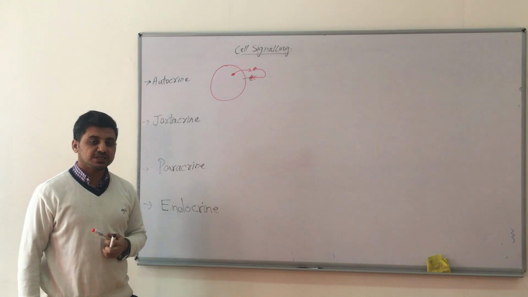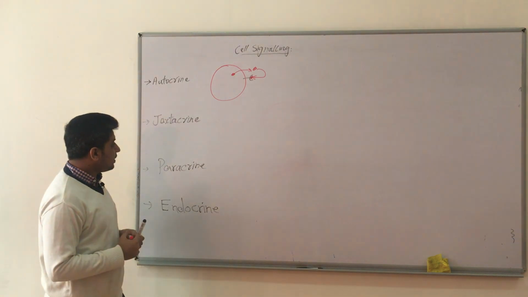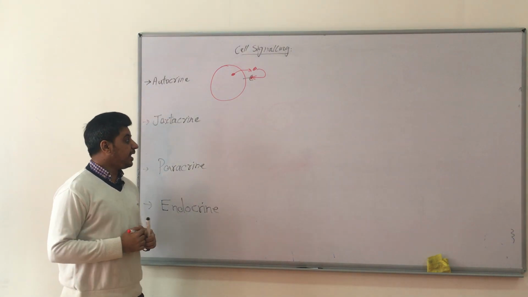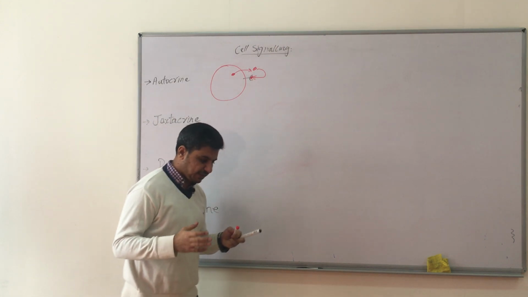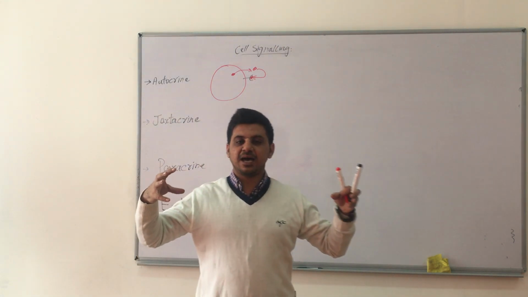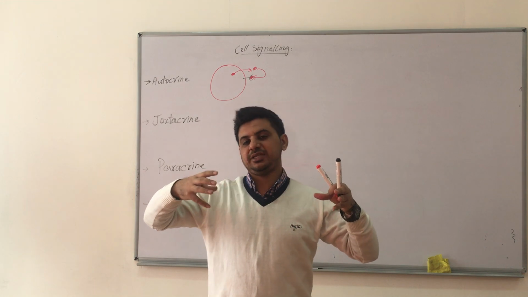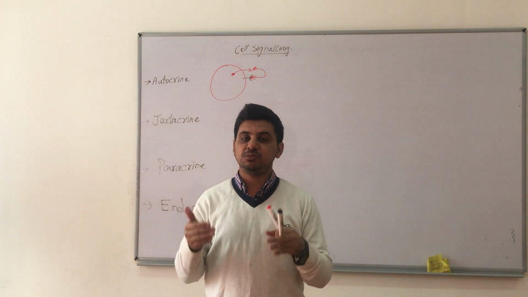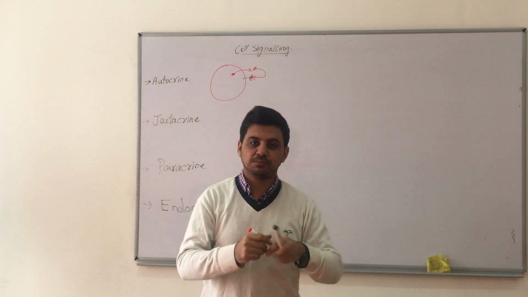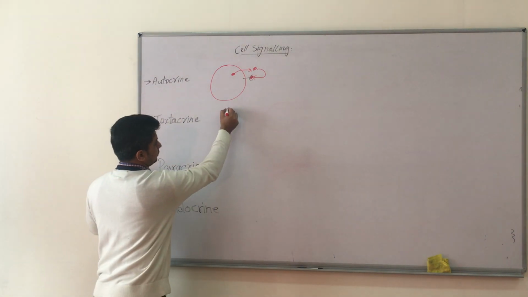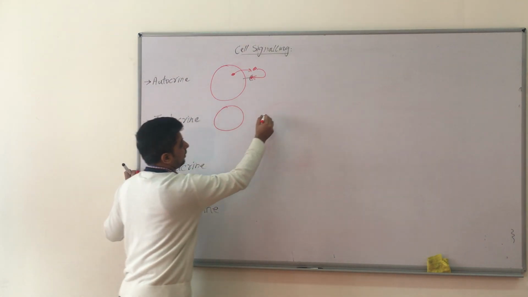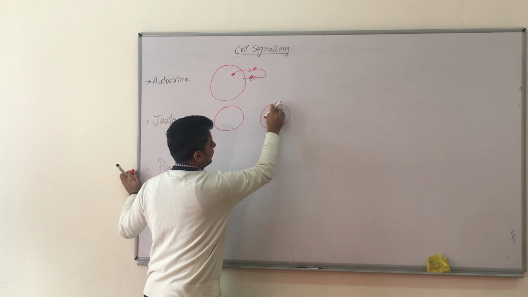Number 2 is juxtacrine signaling. Juxtacrine signaling is very important. In juxtacrine signaling, the cells are connected to each other with the help of receptors and they communicate through that connection, like this. Here we have a cell and here we have another cell.